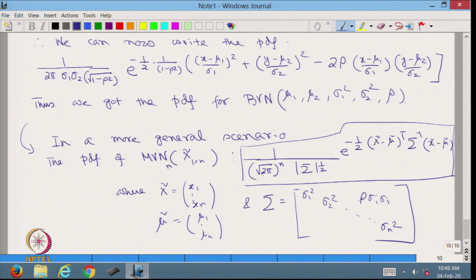So, this is the way you can generalize multivariate normal, but this is not within the scope of this class. So, we just stop here with that and let us focus on bivariate normal.